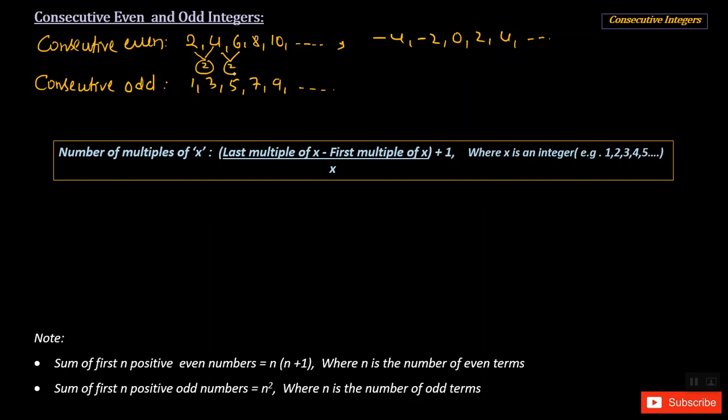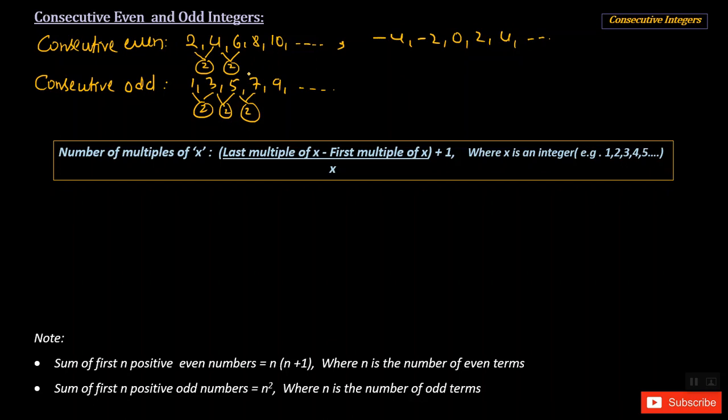Difference between higher and lower term is always 2. Here as well, so difference between higher and the lower term is 2, that is 3 minus 1 is 2, 5 minus 3 is 2, 7 minus 5 is 2 and so on. If the numbers differ by 2, whether even or odd, those numbers are called consecutive even or consecutive odd numbers based on the number given, right?